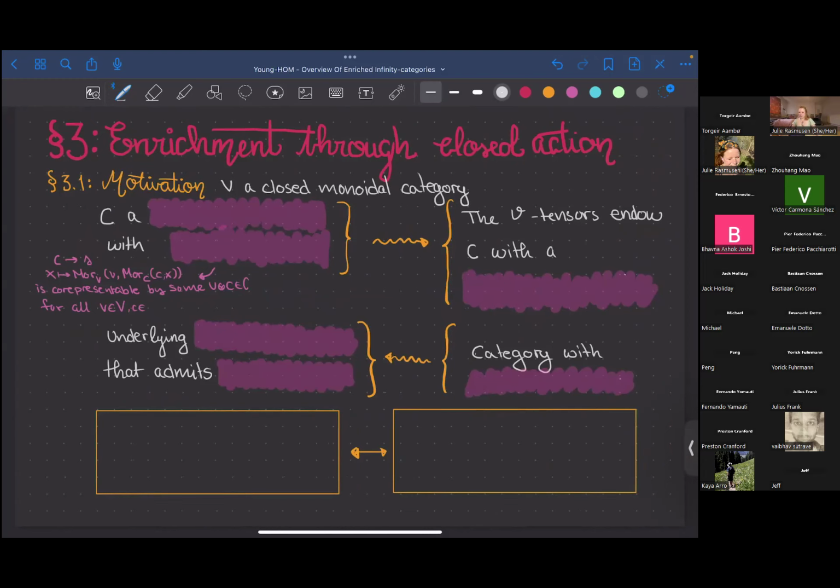So as motivation, let V be a closed monoidal category, then if we have a V-enriched category C, which has so-called V tensors, then the V tensors endow C with a closed V action, or actually a left closed V action.